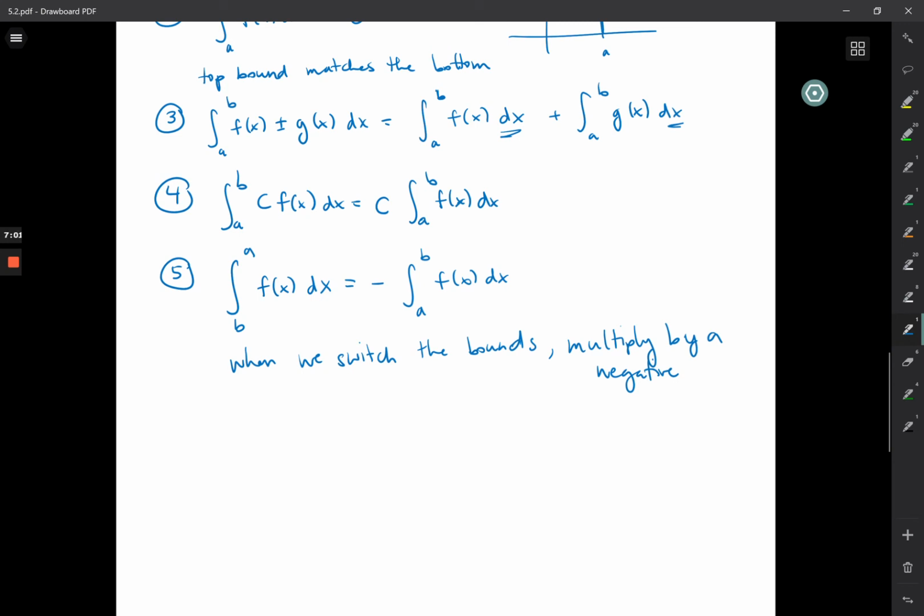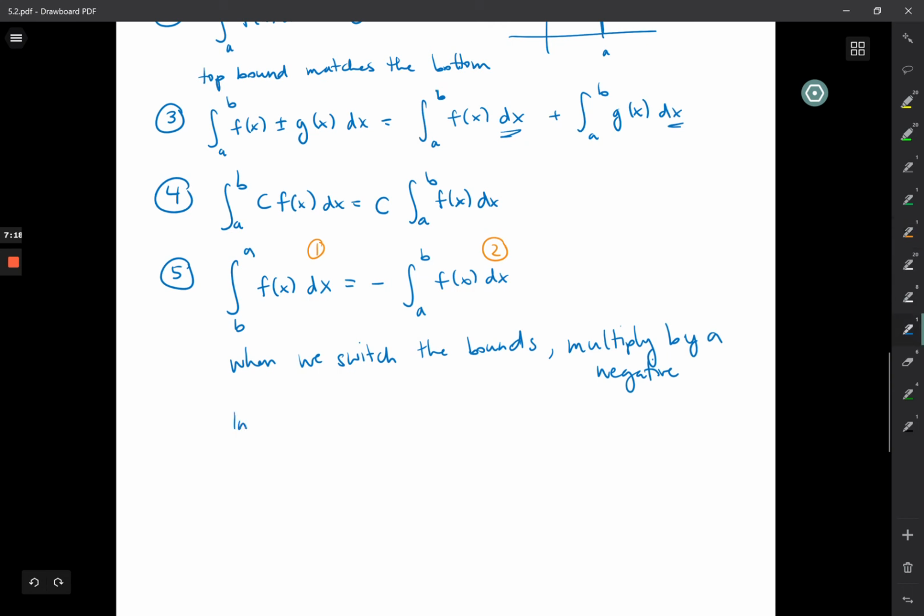But in any case, even if we don't know which one is less than the other, we can still compute the Riemann sum. I'll label these with numbers, so this is the first integral, this is the second one.